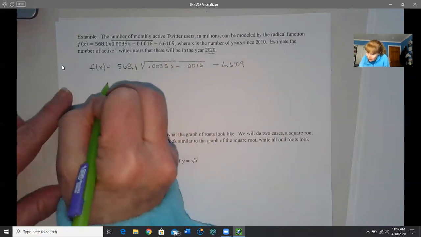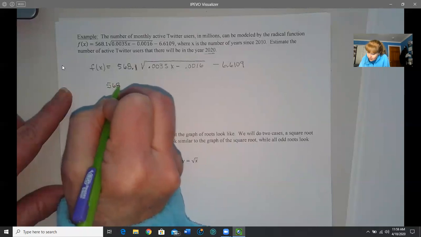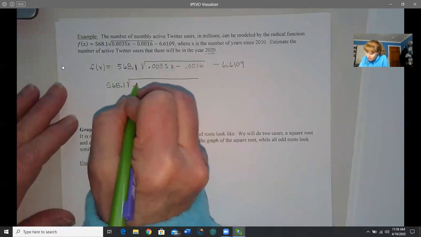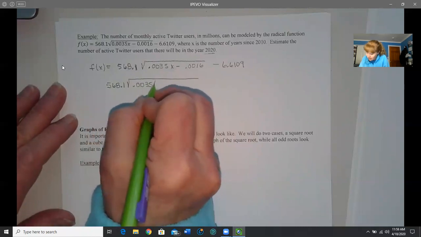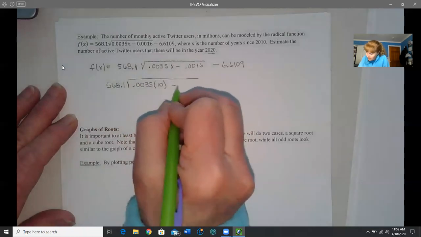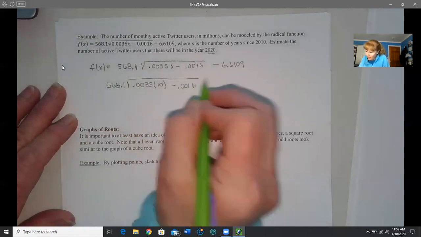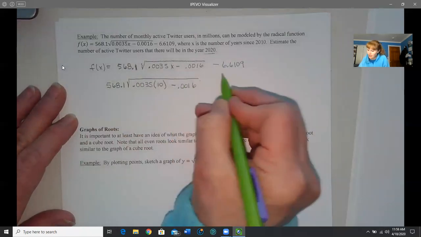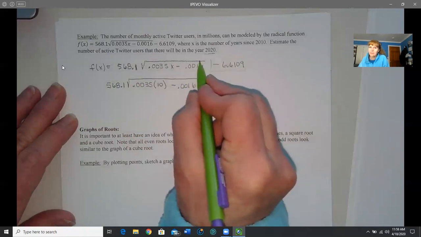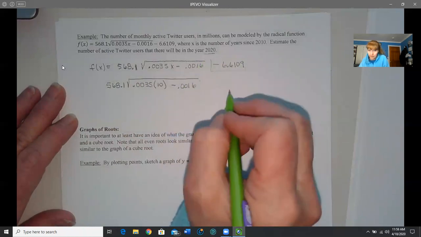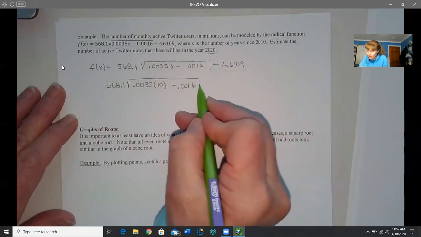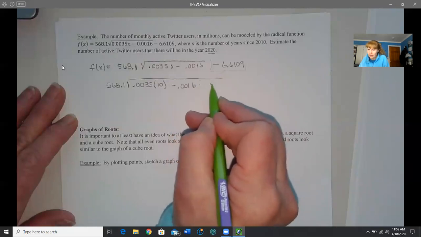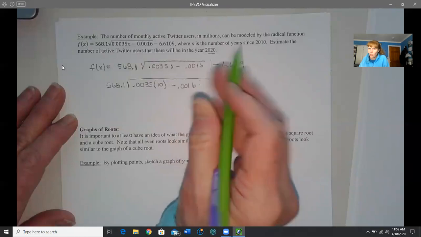So you could type this in. Those of you with a graphing calculator, or ones with a display, 0.0035 times 10 minus 0.0016. Now, if you have a graphing calculator like mine, you have to arrow out of the radical because this part is not under the radical. So be very careful when you're using your calculators. If you don't arrow out, your calculator is going to put this underneath the radical, but you don't want that.